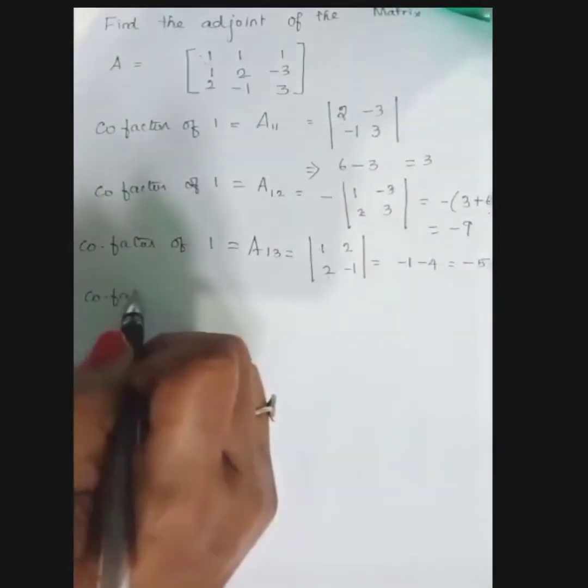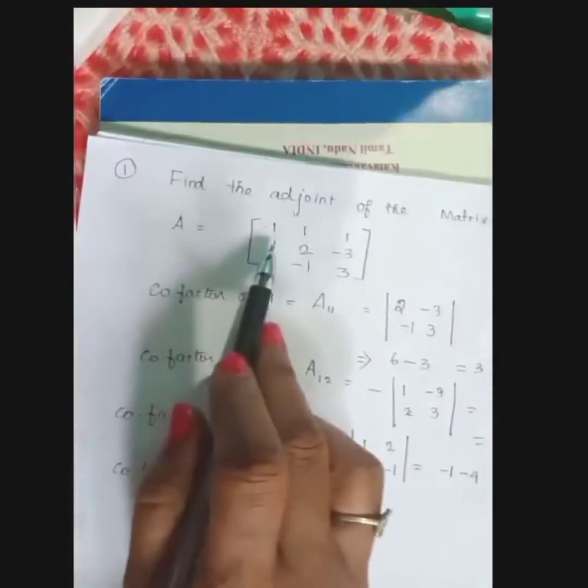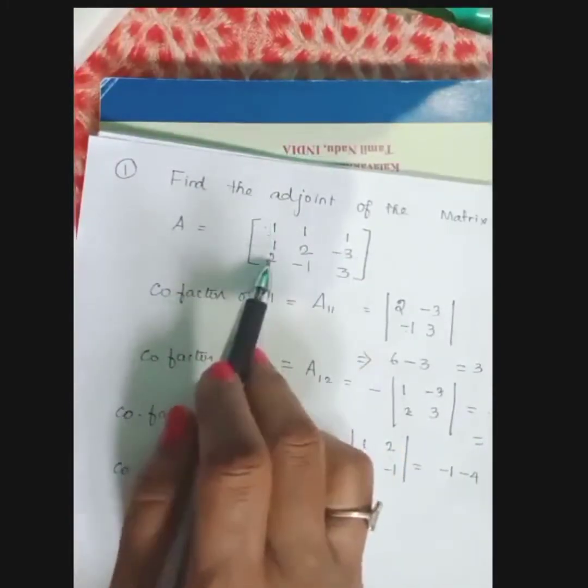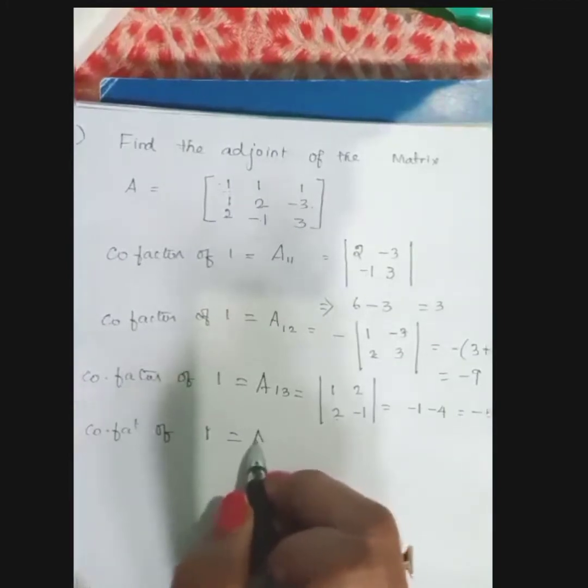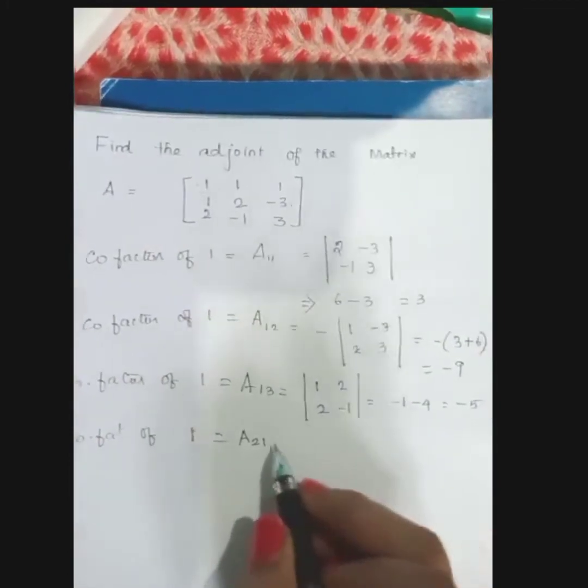Similarly, the cofactor of 1, which is the second row first column element, is denoted by A21.